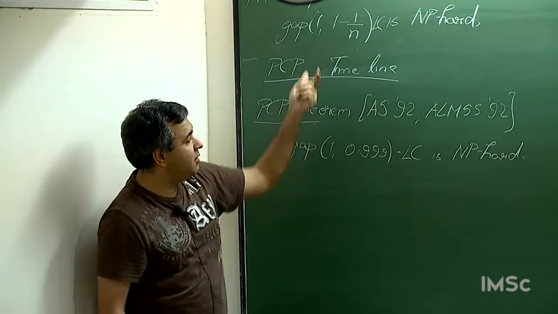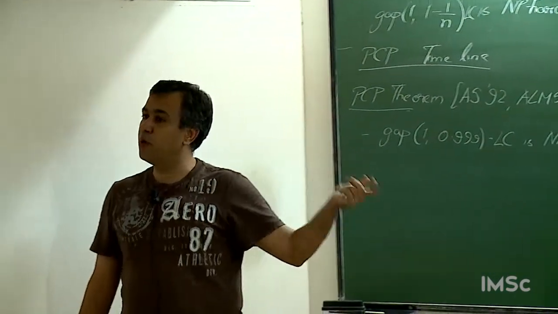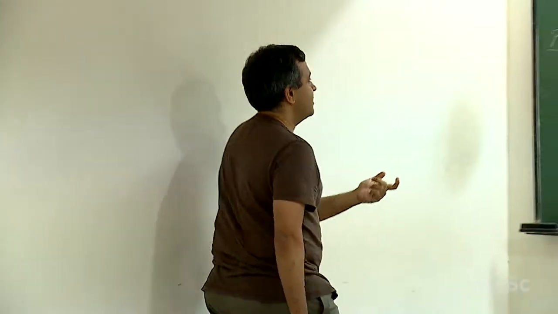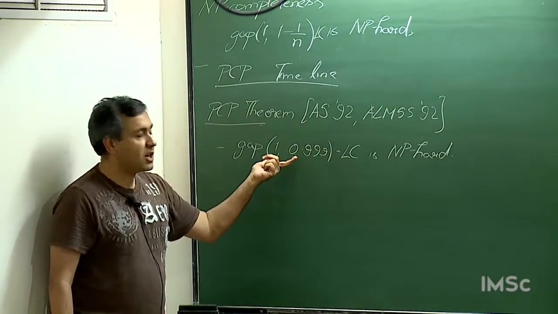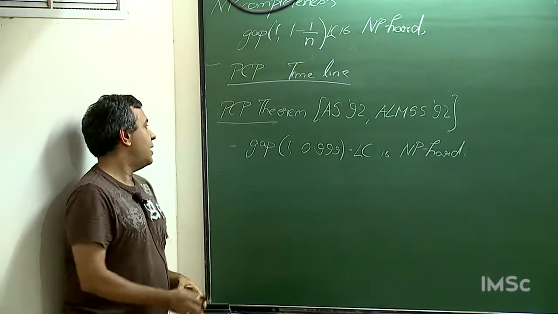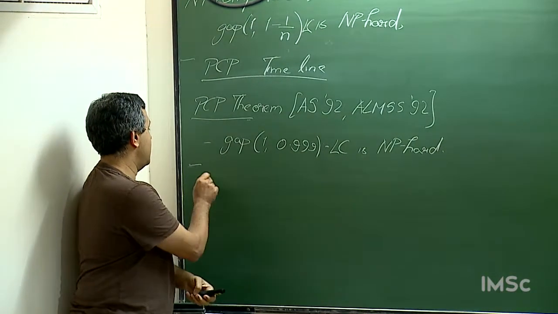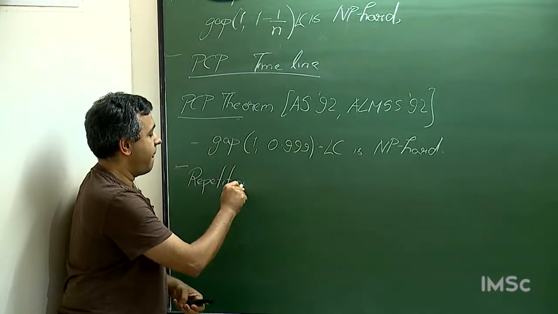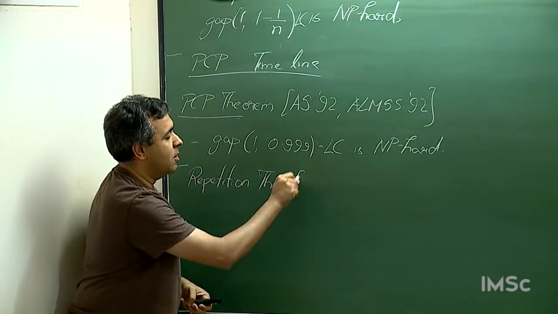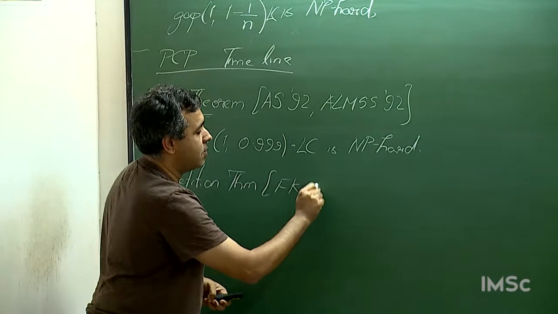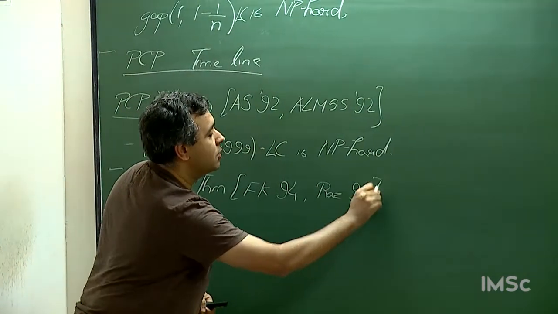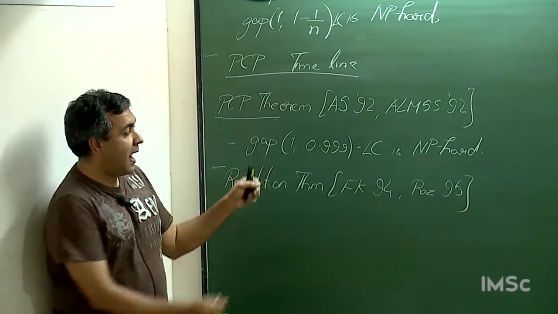Already this blow up of the gap was useful to show inapproximability of a large number of combinatorial optimization problems. Now, just as Sagnik asked, you can ask how large can this gap be made? In fact, subsequent work, the repetition theorem of Feige-Kilian in 94, and Raz finally in 95, showed that this gap can be made as large as possible.